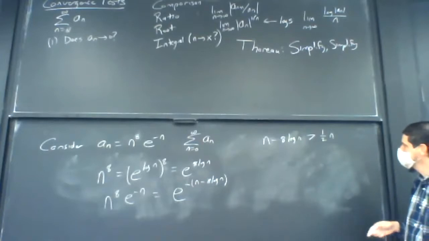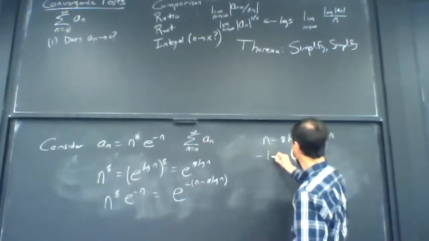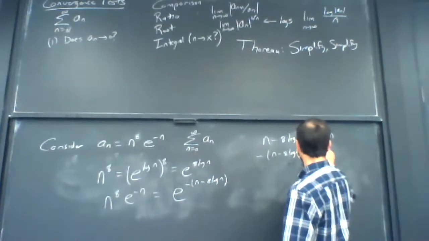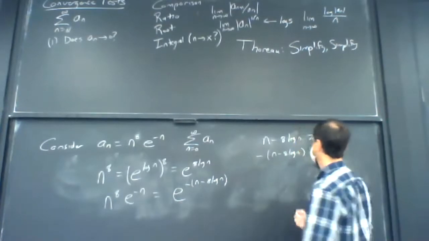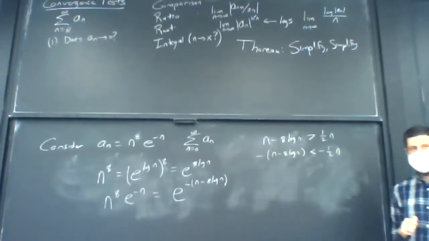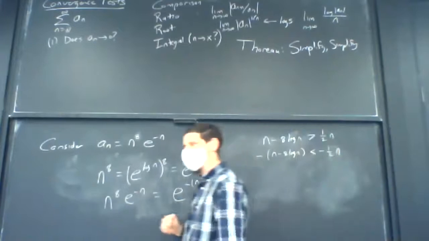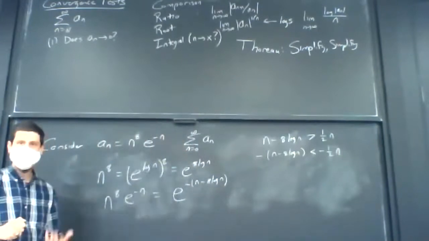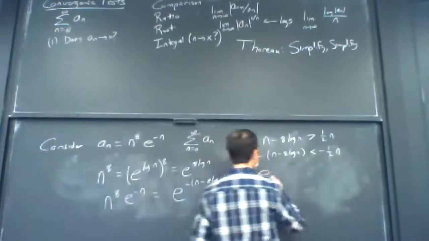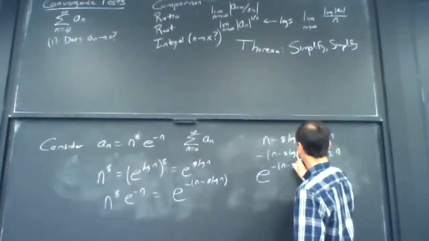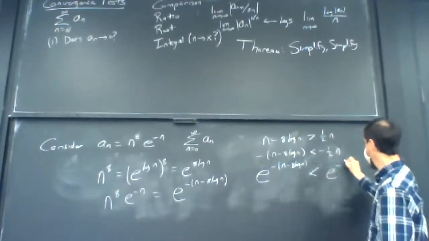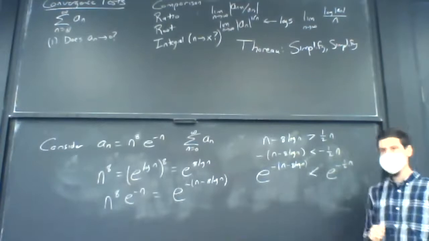Okay, this is then the same as negative n minus 8 log n is less than negative 1/2 n. So I'm just being extremely careful not to screw up the signs. When you multiply by -1, you switch the ordering of the inequality. So that means e to the negative n minus 8 log n is less than e to the negative 1/2 n.